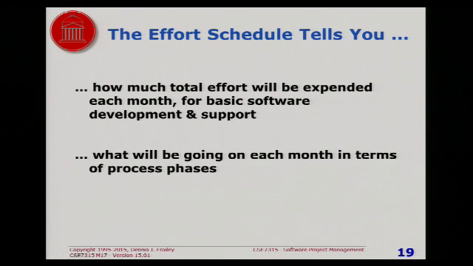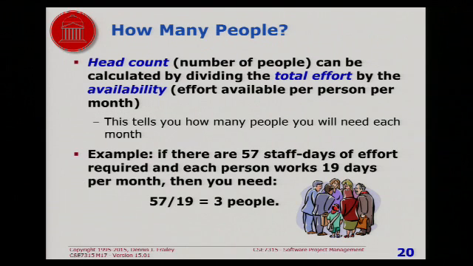The effort schedule tells you how much effort you're going to need each month. The head count, or number of people, is just the total effort divided by the availability, which is that 19 number. It's the number of days per month that people are available to do work. And it's basically whatever your company's number is, but it's usually around 19 or 20.